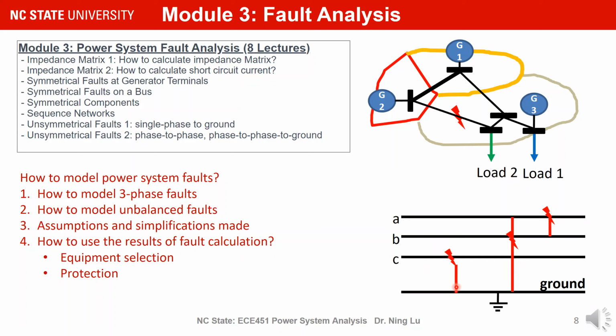In this situation, we will not be able to use our regular way of assuming the three phases are balanced and computing using a one-phase representation for three phase. We need to use a different advanced method to compute the positive, negative, and zero sequence currents, and then combine them together to compute the unsymmetrical fault.